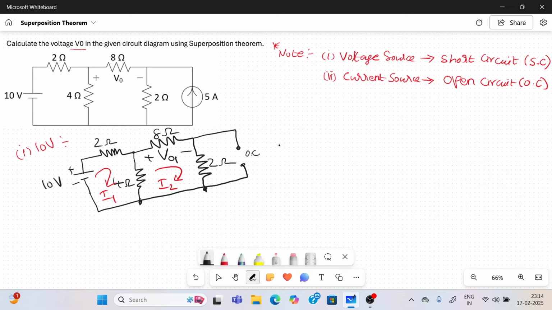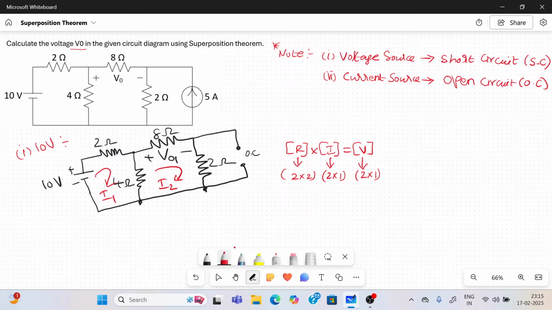The equation for mesh analysis is R into I equals V. R is a square matrix whose size depends on the number of meshes, so the R size is 2 cross 2. The current matrix is a column matrix 2 cross 1, and the voltage matrix is also a column matrix 2 cross 1.